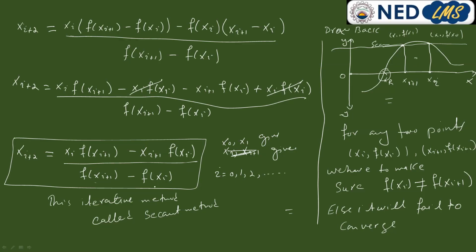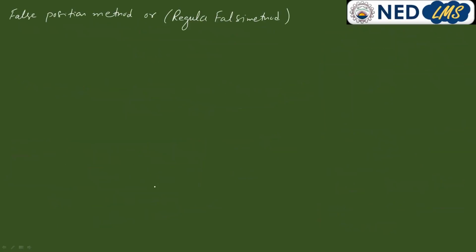So we do a very simple strategy. We have the same formulation as the secant, that is, two points are required to start the algorithm.